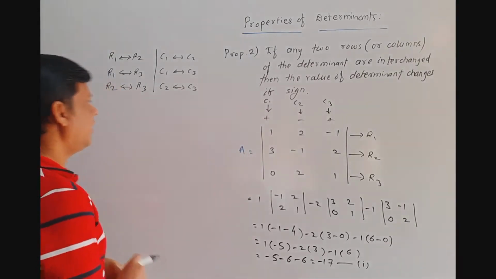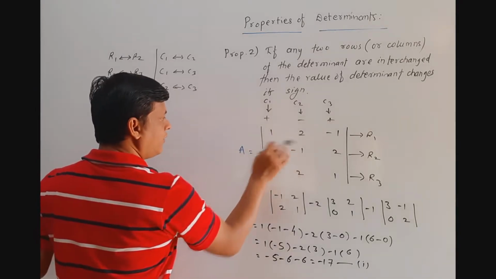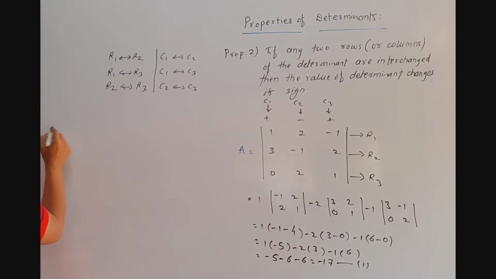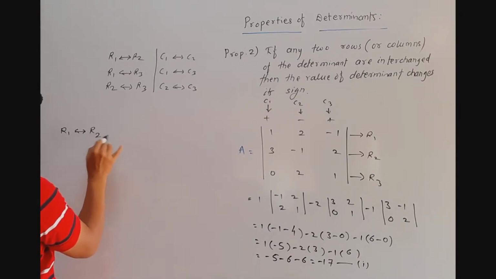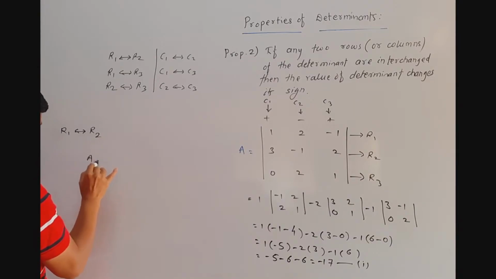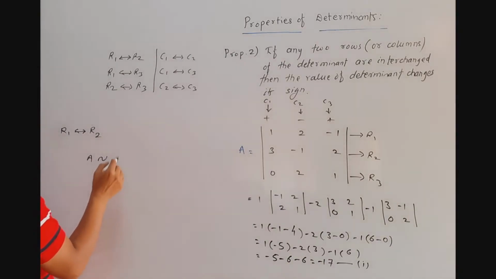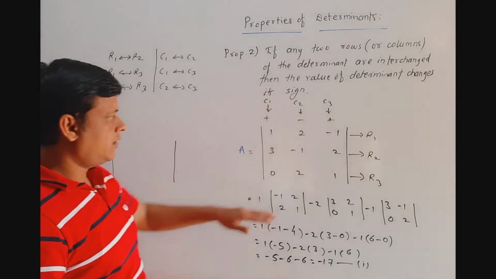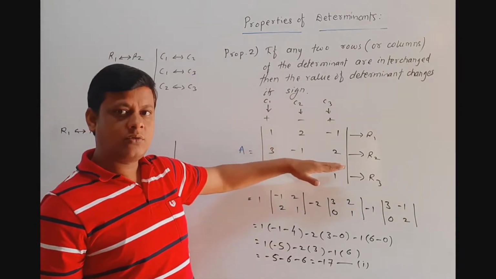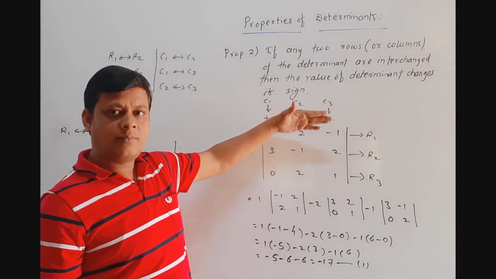So we verify this property with the help of this determinant A. Suppose we interchange these two rows R1 with R2, then we write R1 interchange to R2 and A changes to a determinant. So we have to interchange the elements of the second row and the elements of the first row.